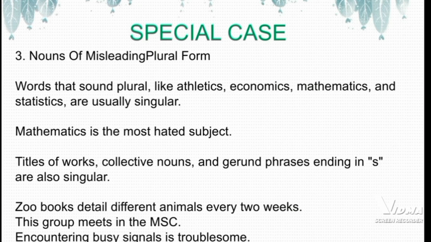This group meets in the MSC. Encountering busy signals is trouble. Here, the collective noun is zoo books. Even though it ends with the letter S, it is a singular collective noun.